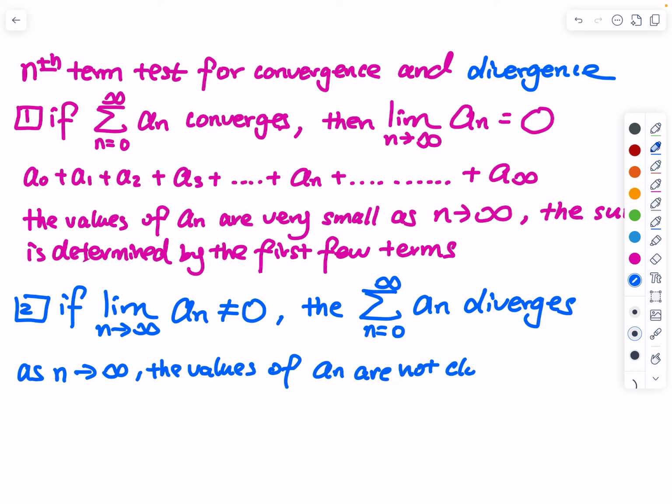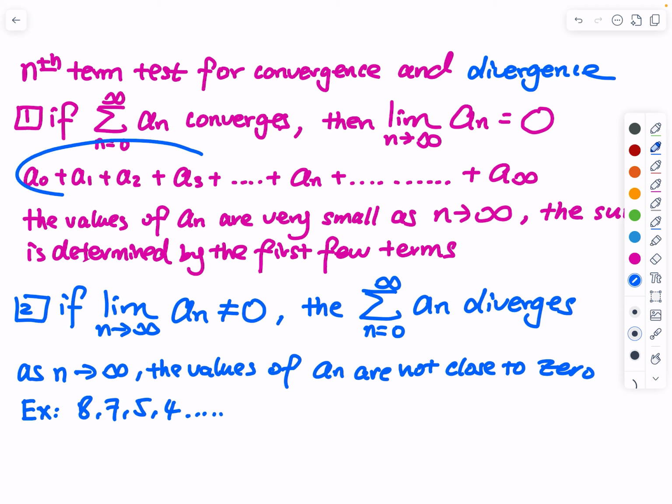For example, let's say you have numbers like 8, 7, 5, and 4. You are adding them up when n is very large, plus you have a bunch of numbers before you reach there. So in this case, the sum is equal to infinity, and therefore the series diverges.